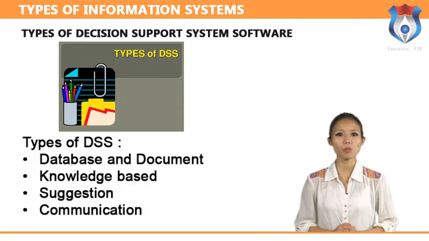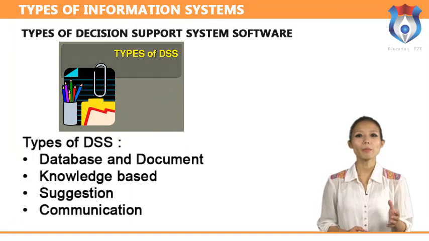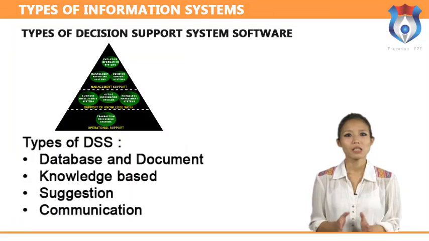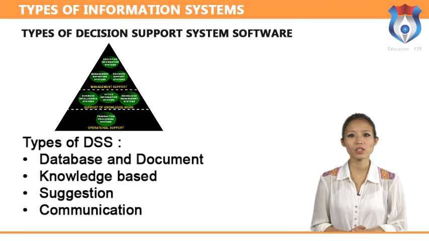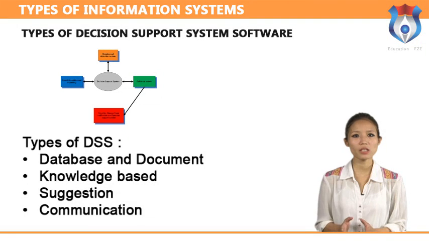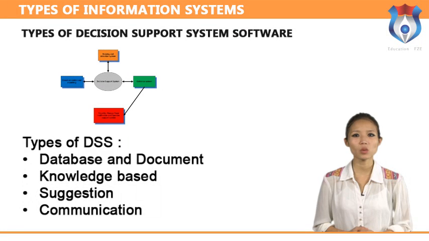Knowledge-based decision support system software is similar to the database and document type, but it accesses a knowledge-based website and may include information from both business associates and customers. Suggestion DSS programs take structured data and suggest a decision to the user. Communication DSS programs do not link to any files or offer any direct help, but they act as a gateway for the user to speak with other users about a decision.